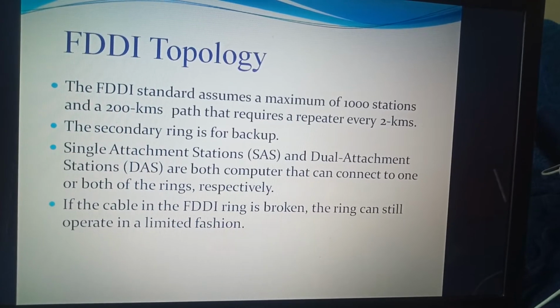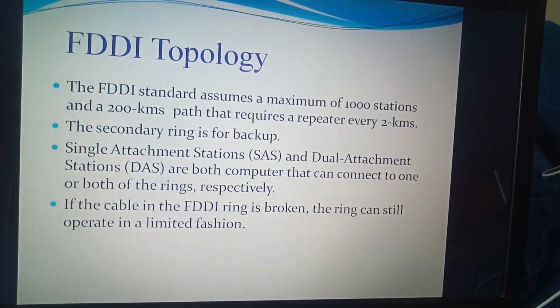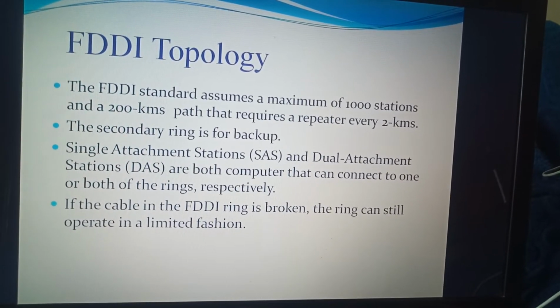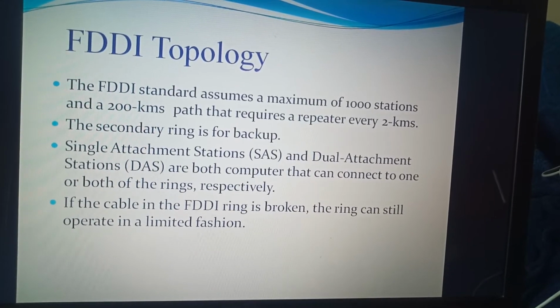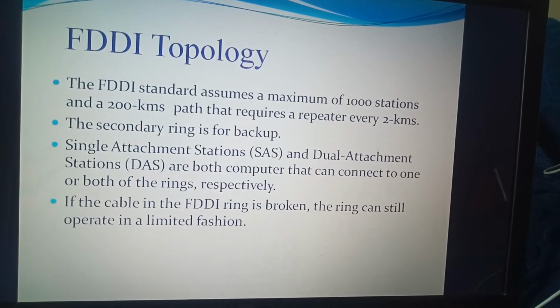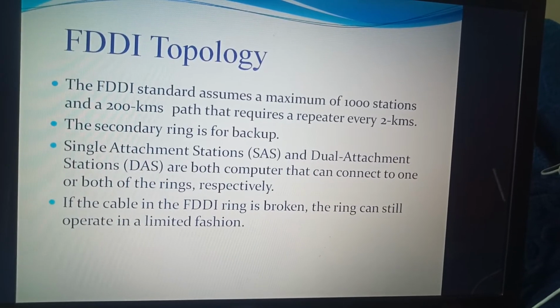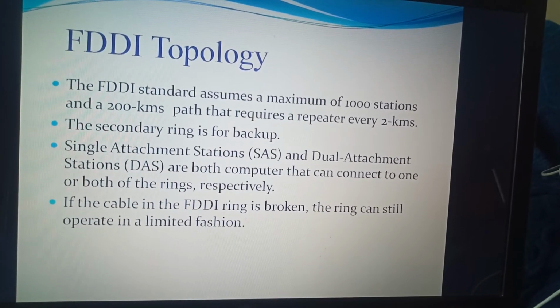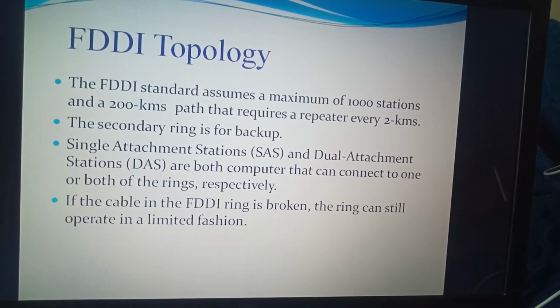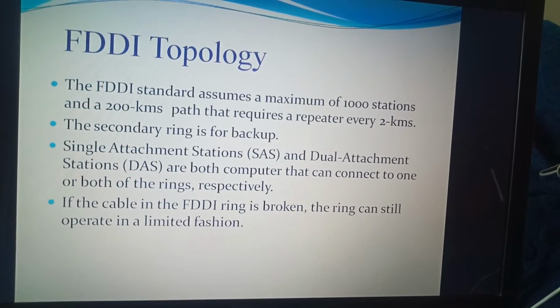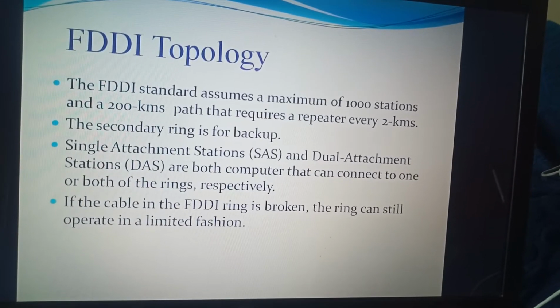Single attachment stations, which are called SAS, and dual attachment stations, DAS, are both computers that can connect to one or both of the rings respectively. Means they can connect to one, primary or secondary ring, or to both rings.